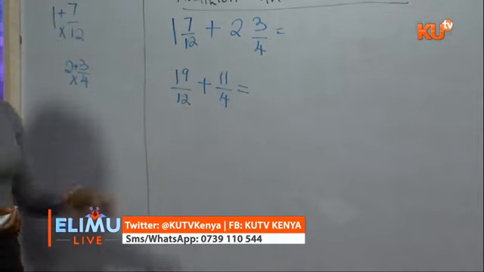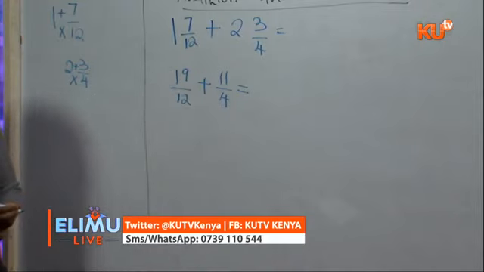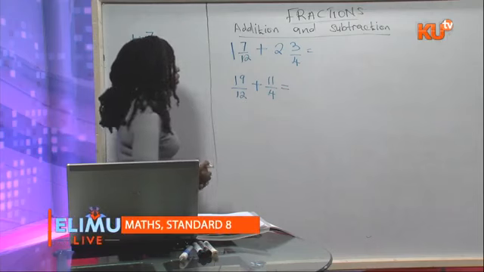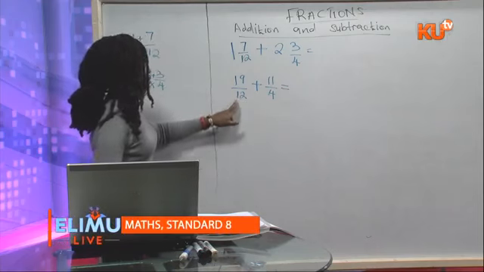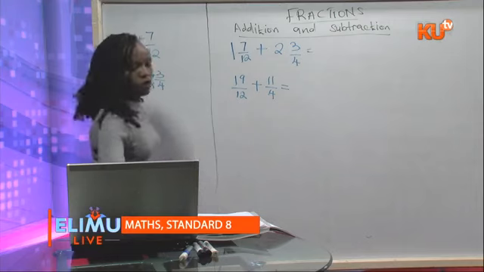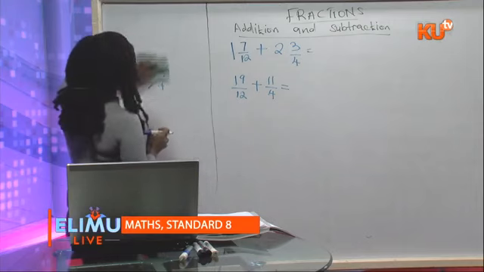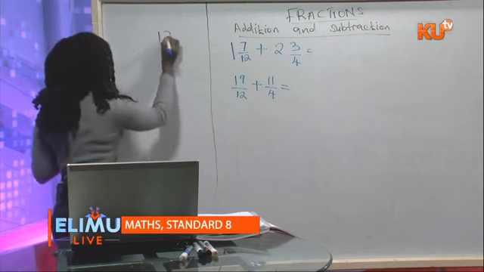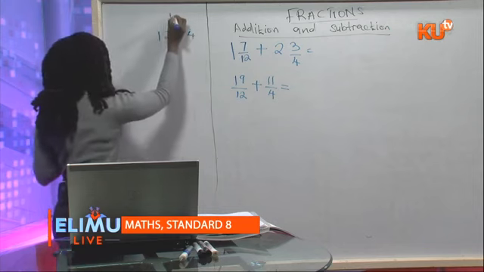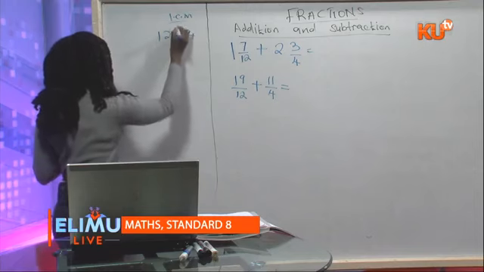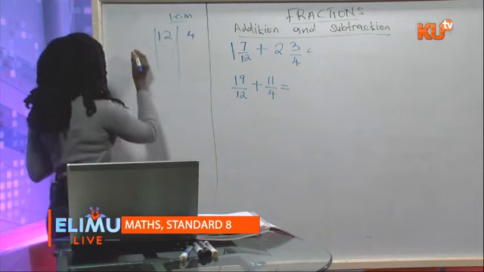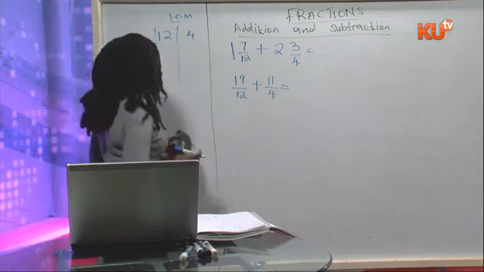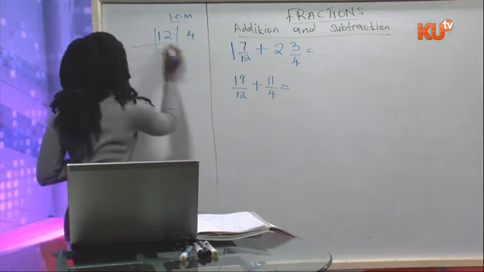So now we have converted to improper fractions. And then after that, we get the LCM of the denominators. We have 12 and 4 as our denominators. The LCM of 4 and 12, you can do it aside. So when you're looking for the LCM, you're supposed to use the prime numbers.